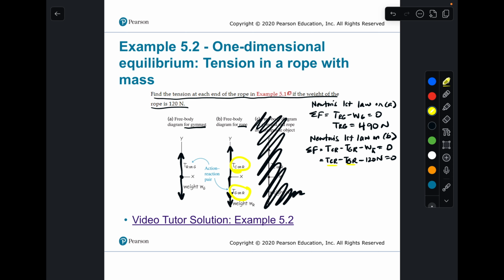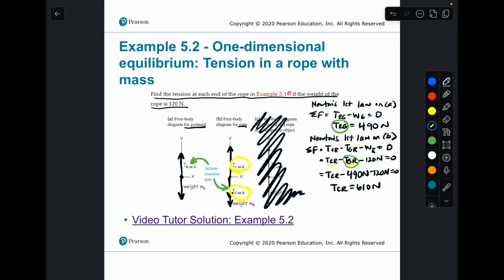We have the action-reaction pair between rope on gymnast and gymnast on rope, which appears right here. So we know that the magnitude of T_RG is going to equal the magnitude of T_GR. So now we can plug that in and solve for T_CR, which is 610 newtons.